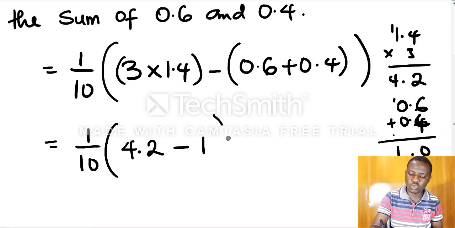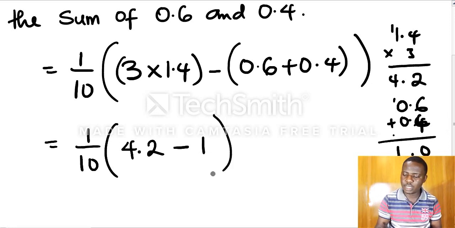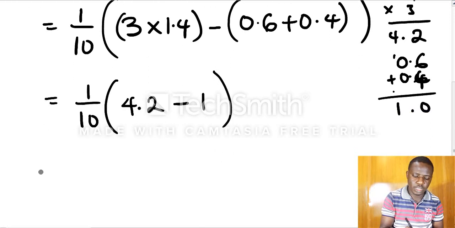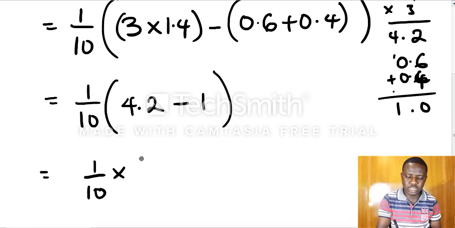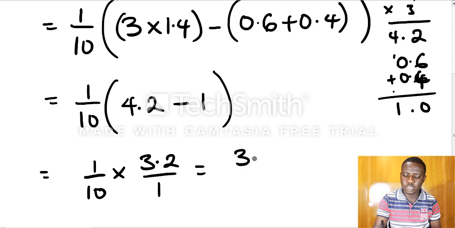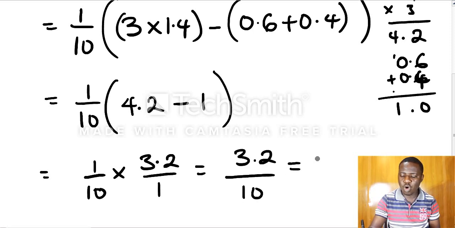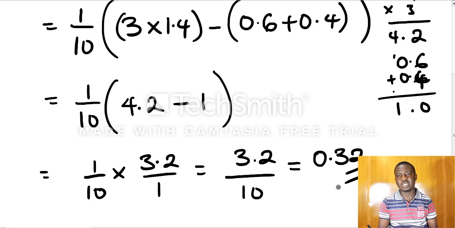So this is equal to minus 1. Therefore this becomes 1/10 times 4.2 minus 1, which is 3.2. So this becomes 3.2 divided by 10, and this becomes 0.32 as your answer.